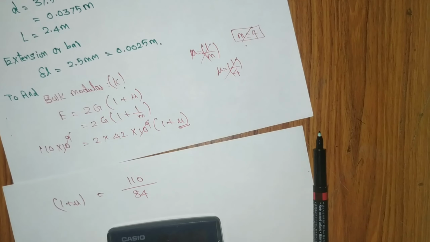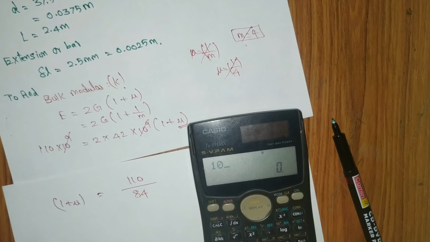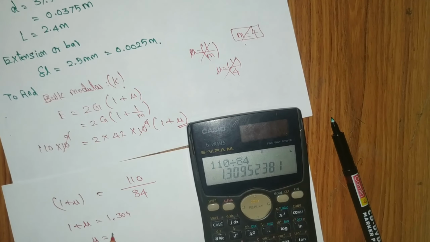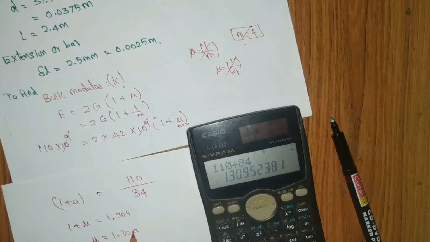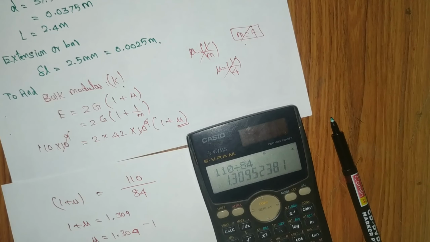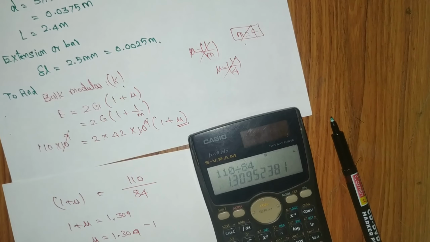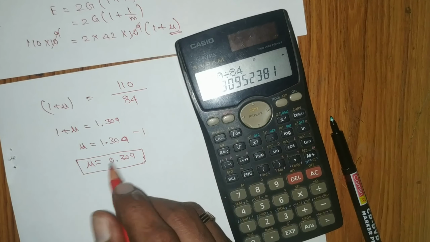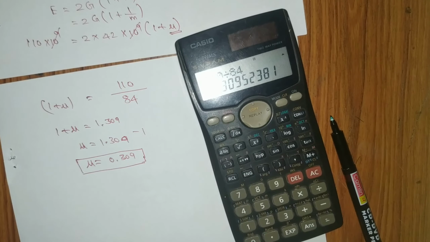If you do the calculation, 110 divided by 84, we are getting 1.309, so 1 plus mu equal to 1.309. Mu will be 1.309 minus 1, we will get 0.309 as the Poisson ratio. I told already the Poisson ratio for a system will be 0.2 to maximum 0.5. So we identified the value of Poisson ratio.